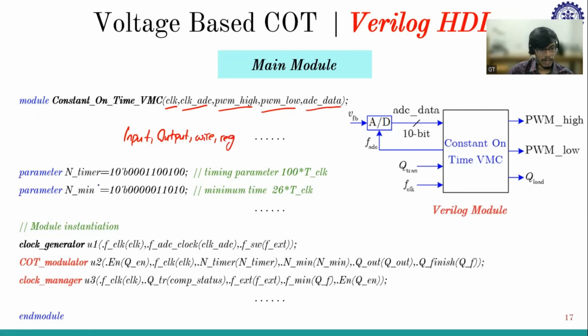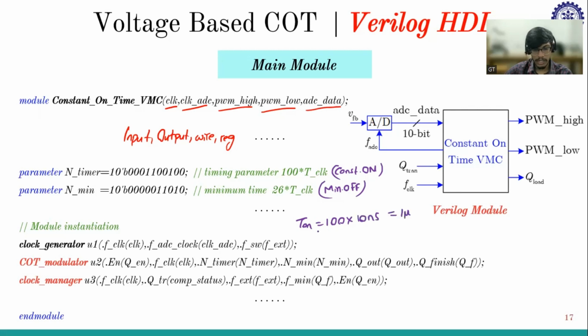And N timer is for constant on time, and this is the minimum off time. So the on time and off time are defined. T on, the constant on time, is 100 clock cycles, so 100 into T clock, which is 10 nanoseconds. So it will give 1 microsecond.